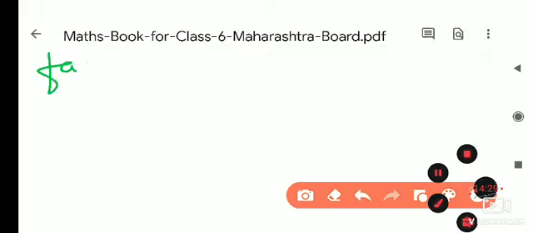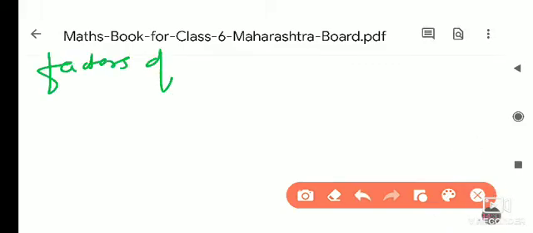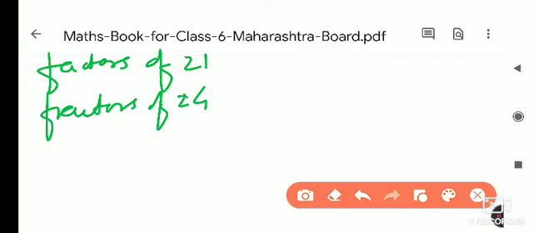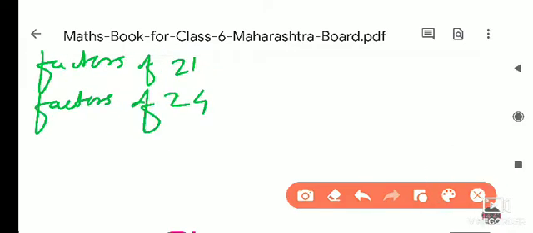First, the factors of 21. 1 is a common factor for both of them. 21 is not divisible by 2 because the unit place is 1. Then this number is divisible by 3: 3 1s are 3, 3 7s are 21.